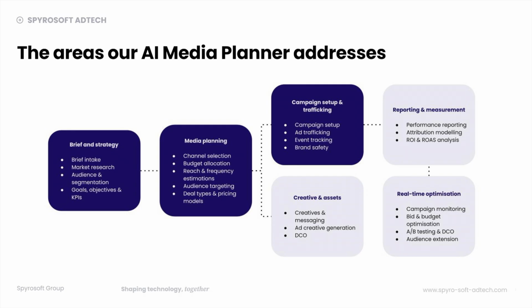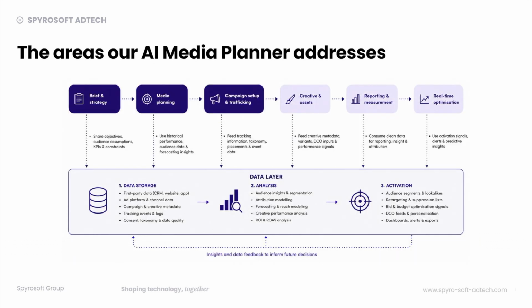However, because it's an extensible platform, it can also incorporate other parts, including creative and assets, reporting and measurement, and real-time optimization. Another key part of our AI Media Planner is the connection with the data layer, which, as we all know, data plays a key role in not only programmatic advertising, but also in AI. So the data layer consists of 3 main stages: data collection and storage, analysis, and activation.